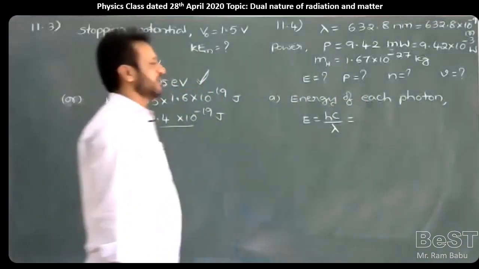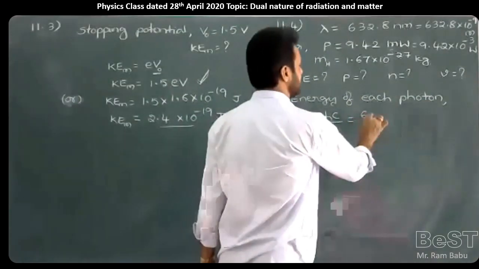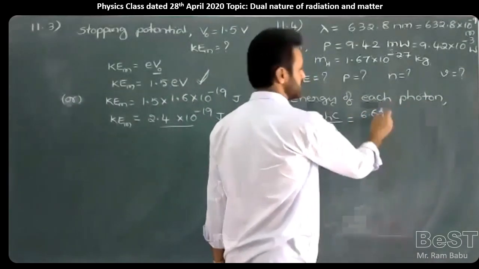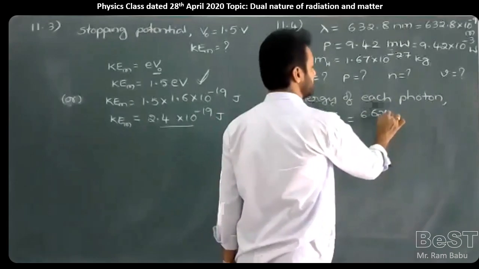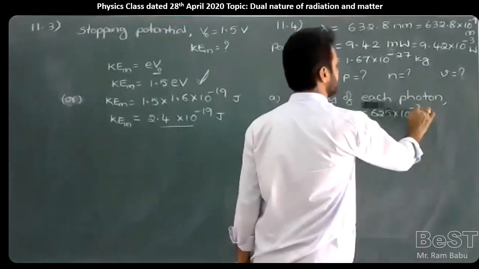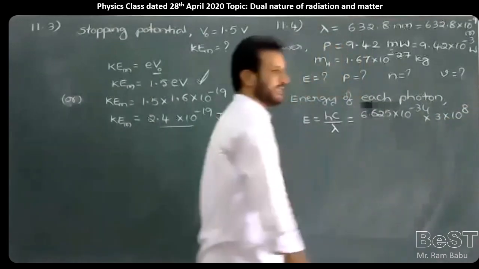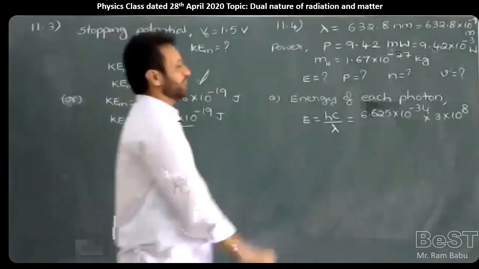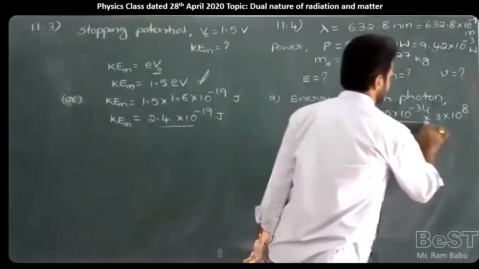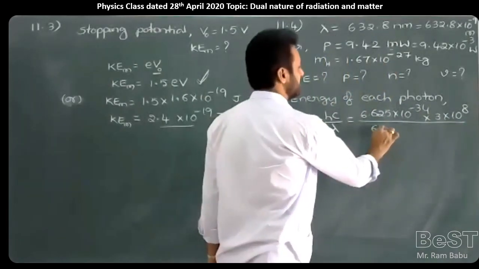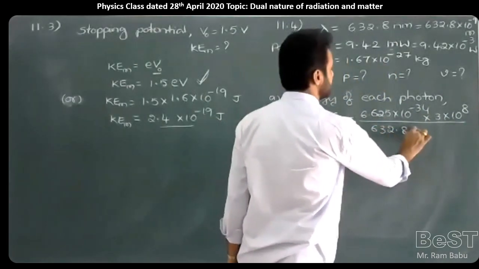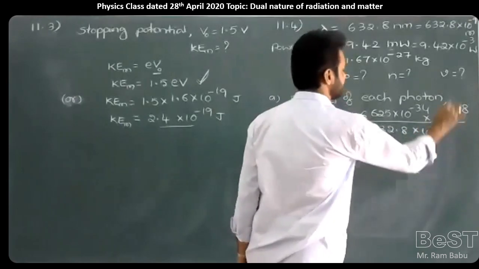H value I'll write 6.62, or 6.625 is also right, into 10 power minus 34, into speed of light 3 into 10 to the power of 8, divided by the wavelength of the photon, 632.8 into 10 to the power of minus 9.